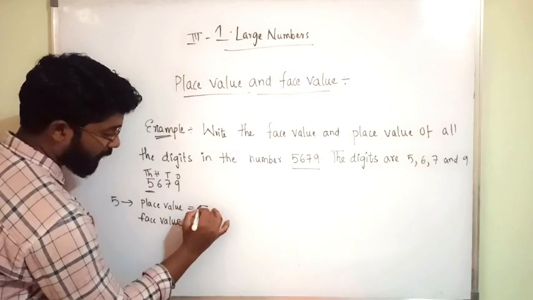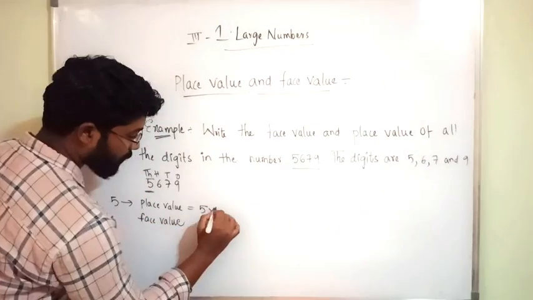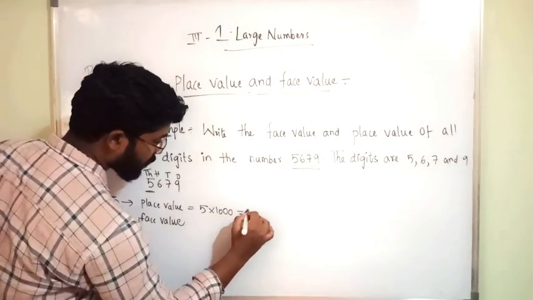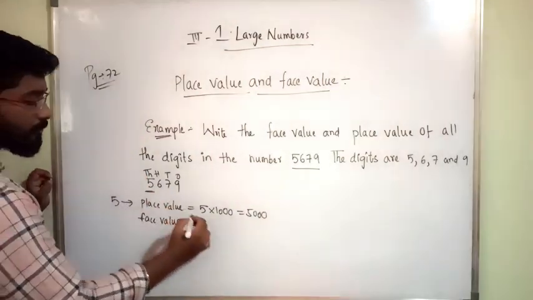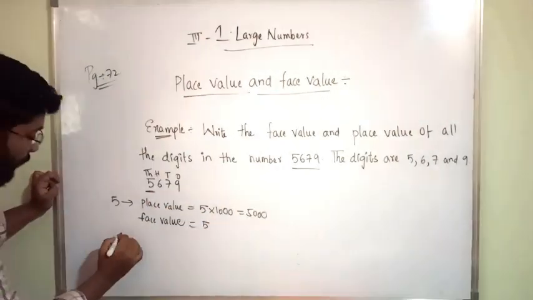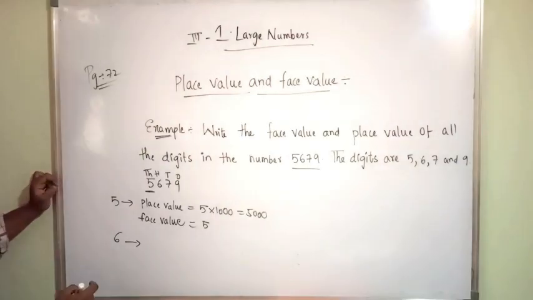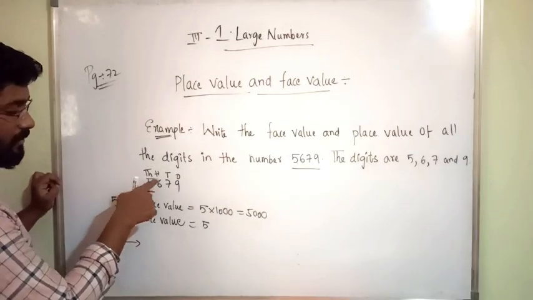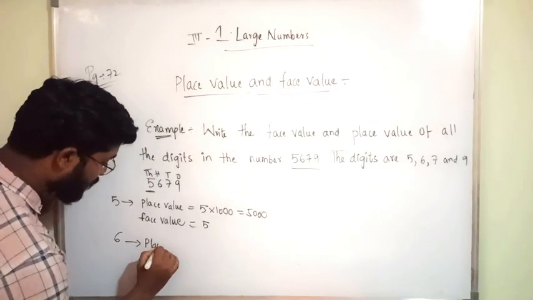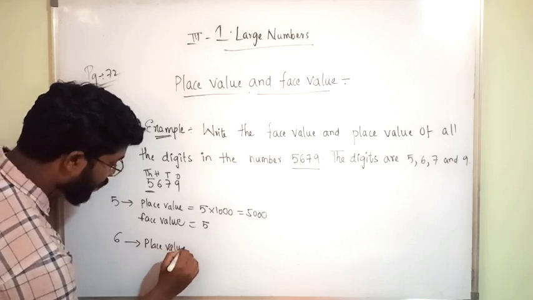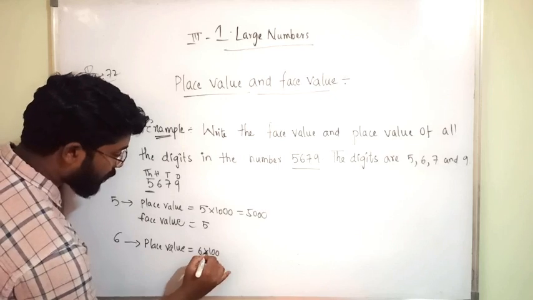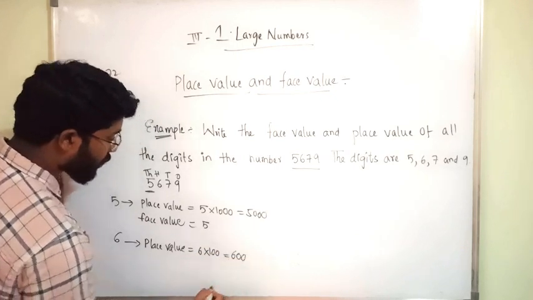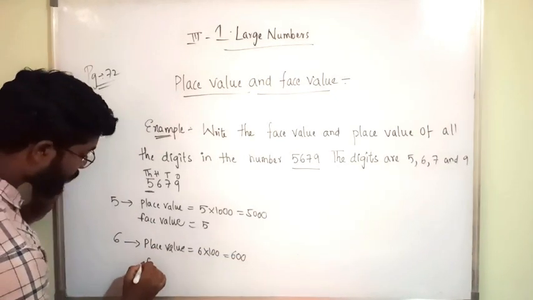Thousands place. 1000 into 5, 5000. Next, face value of 5 is what? 5 only. Next, coming to 6. 6 is in which place? Hundreds place, no? Place value equals 600. Okay, what is the face value?